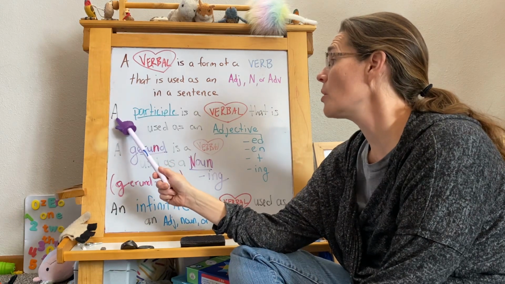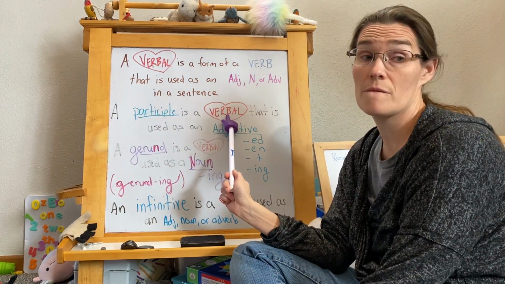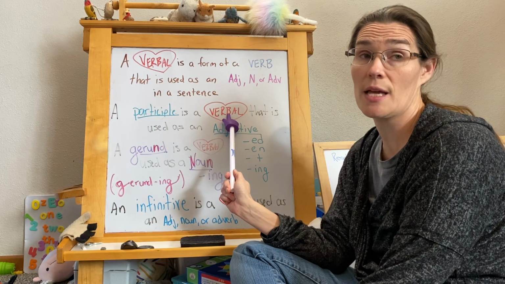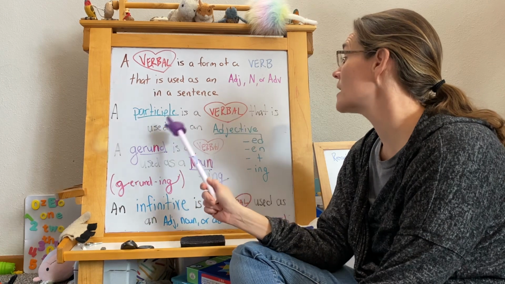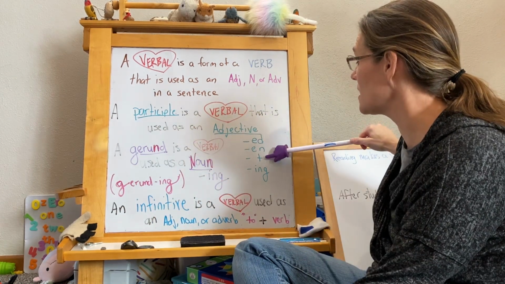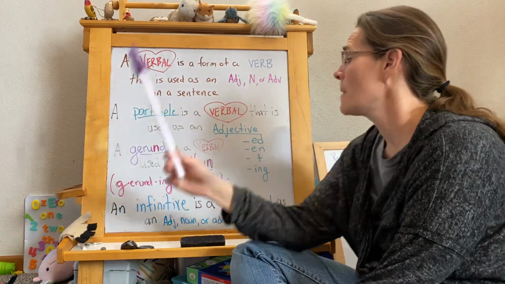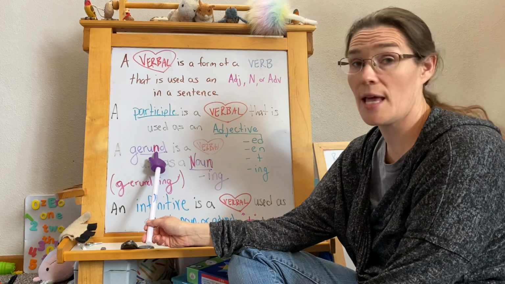Last week we looked at participles. A participle is a verbal that is used as an adjective ending in ed, ent, or ing. This week we're looking at gerunds. A gerund, remember, has an N in it.